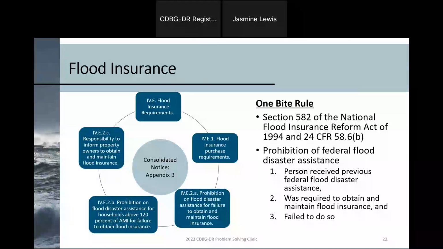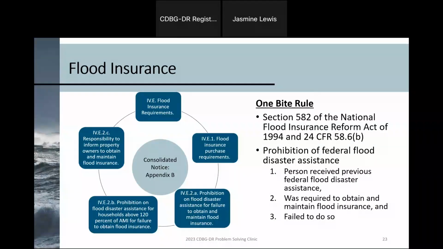So that's very important whenever you're communicating to any property owners that you're doing work of that specific requirement. And they are intended to maintain that property insurance throughout the duration of ownership. If they decide to sell that property, they are then required to inform any new property owner of that requirement.